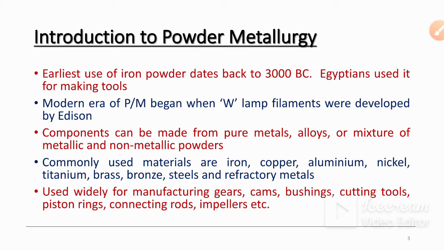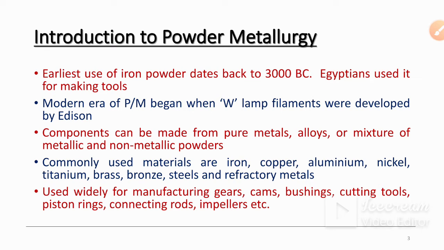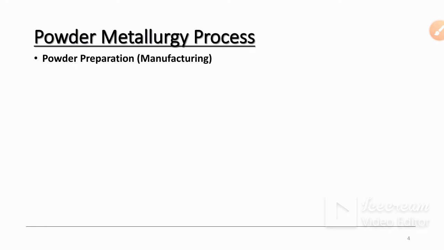Mostly gears are made using powder metallurgy, cams, bushings, very hard cutting tools, piston rings, connecting rods and impellers, etc. There are some more applications like journal bearings, and some other kinds of bearings are also made using this powder metallurgy technique. So what is the process of powder metallurgy?